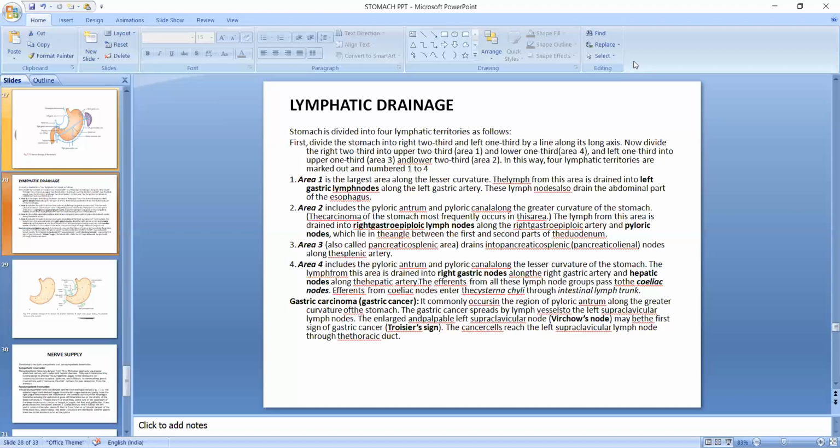The enlarged and palpable left supraclavicular node, the Virchow node, may be the first sign of gastric cancer, which we call Troisier sign. The cancer cells reach the left supraclavicular lymph node through the thoracic duct. So this is the pattern when cancer spreads to other parts of the body.